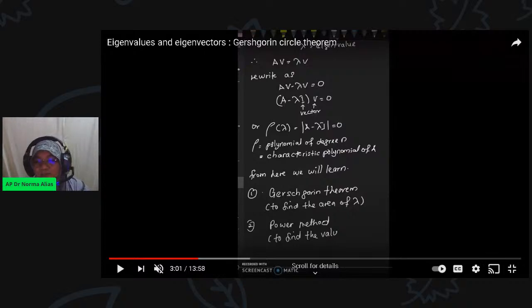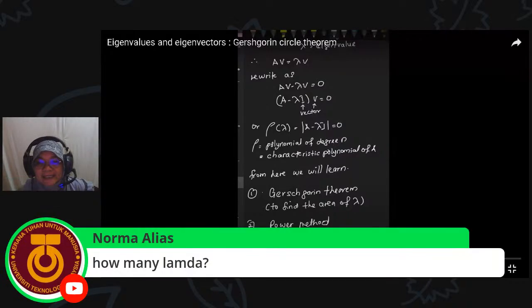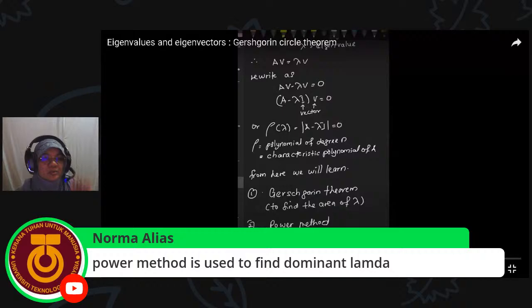So we want to find the dominant lambda. If you have a problem, let me know. Because now I'm going to find the 3 lambda: maximum, minimum, and the lambda between the 3. The maximum we call dominant lambda, and we can solve it using the power method.